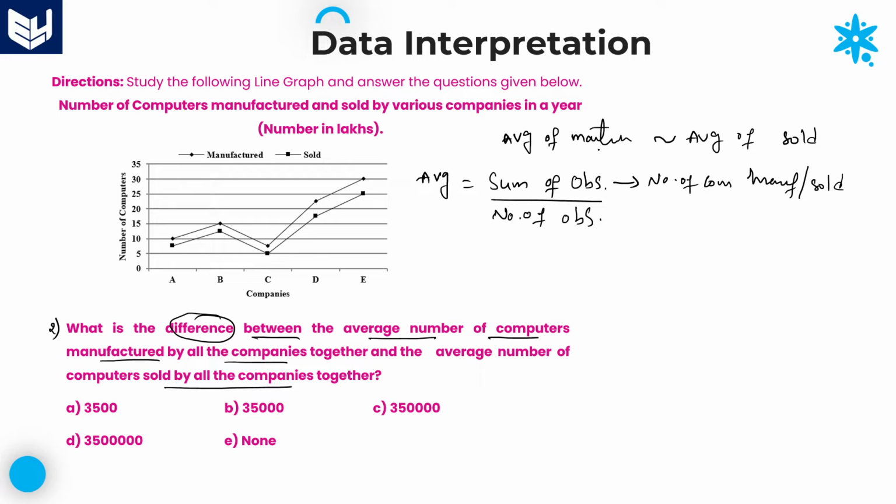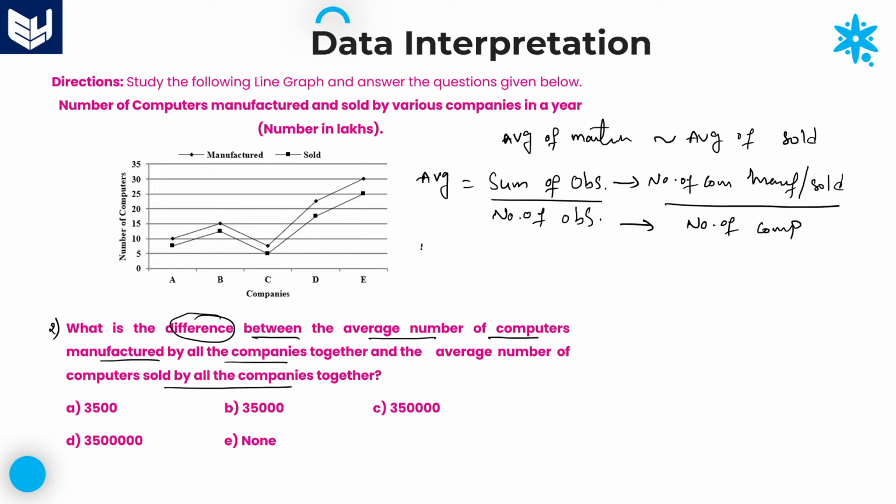If you are calculating the average of computers manufactured, then you need to take the number of computers manufactured across all 5 companies, divided by the number of companies. Now the number of observations is nothing but the number of companies.